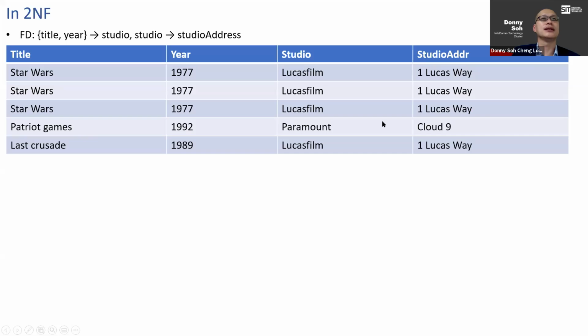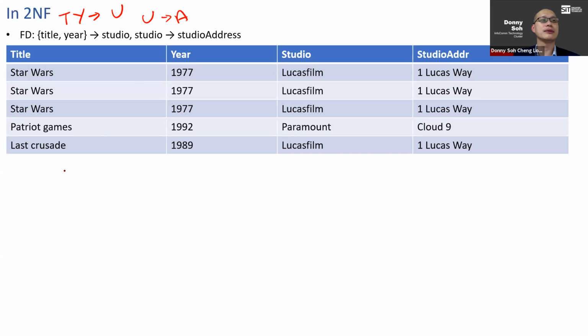Okay, let's look at the next example. So this is in 2NF. T, Y implies U, U implies A. Let's say I only have these 4 attributes.